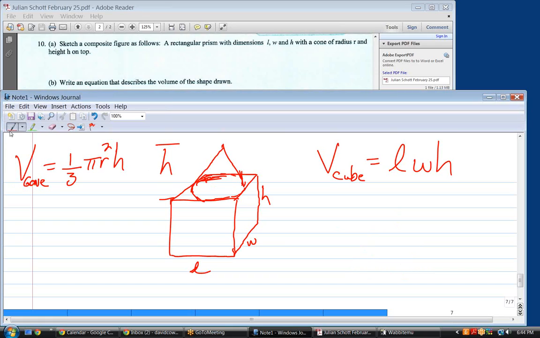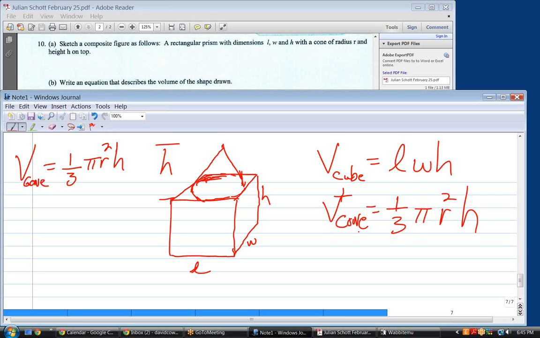So, now they say, what is the volume of both? Describe the volume of the shape drawn. Well, that would be the volume of the cube plus the volume of the cone. So, if I add the volume of the cone, well, it's 1/3 pi r squared h, but some of these variables we know.